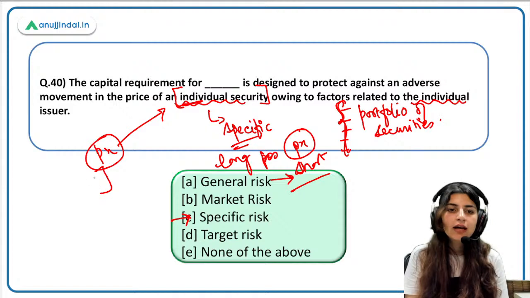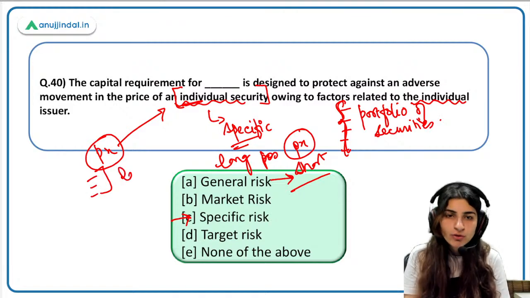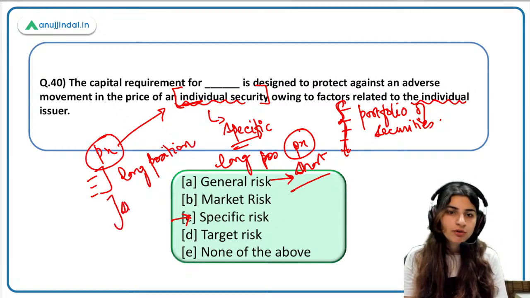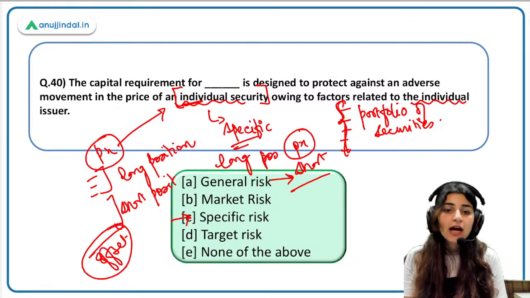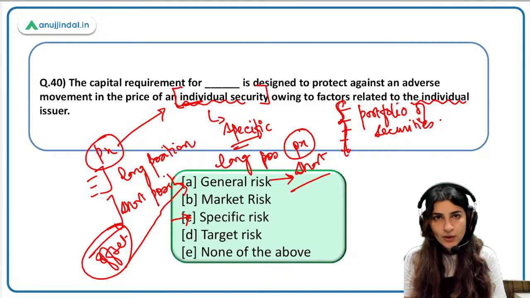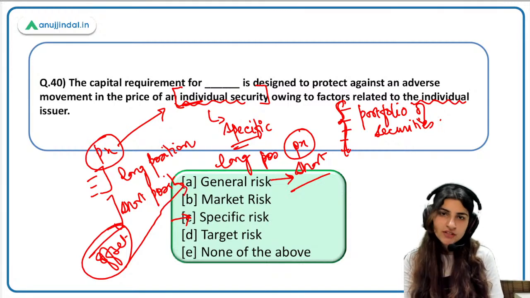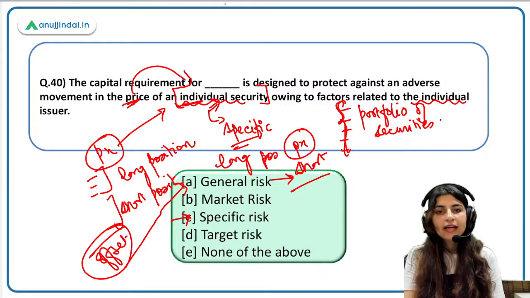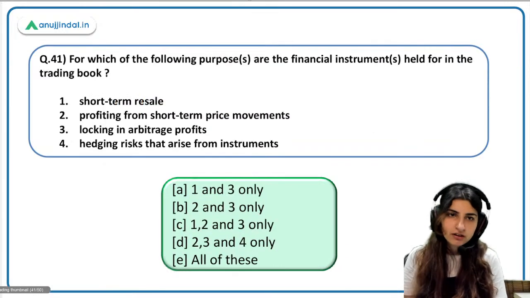So for example, there are a few securities where we have taken a long position, that is we are going to buy the securities. कहीं पे शॉर्ट पोजीशन है, सेल करेंगे हम सिक्योरिटीज को. Now ऑफसेट करा जाता है इसको एंड में. This is done in general risk, wherein a lot of securities or portfolios of securities is taken into consideration, but the price mapping, adverse movement of prices in any individual security, it is specific risk.